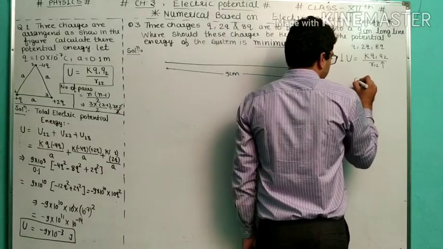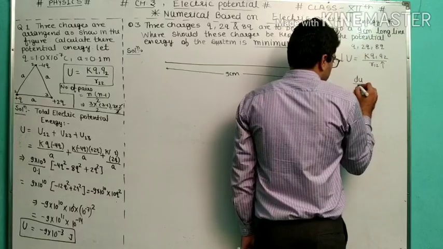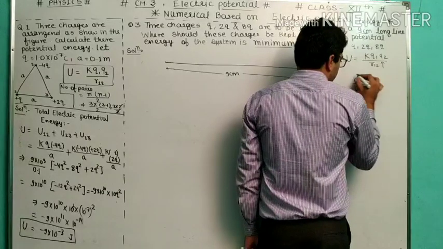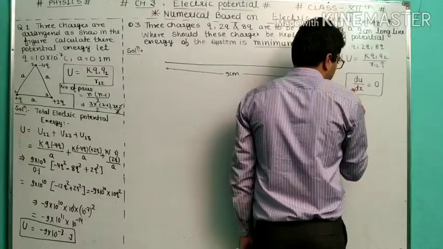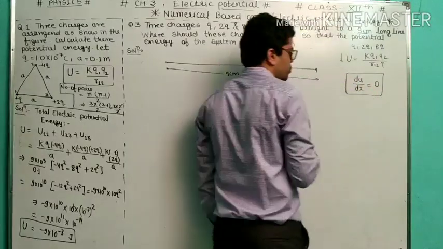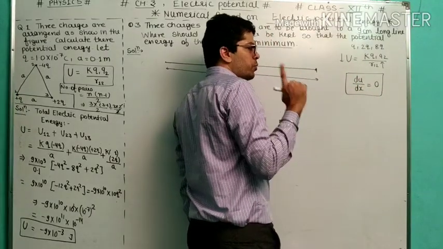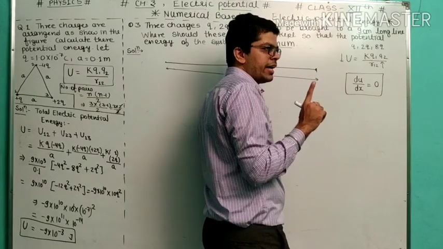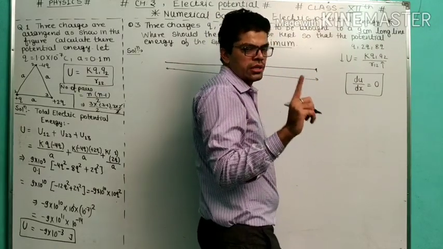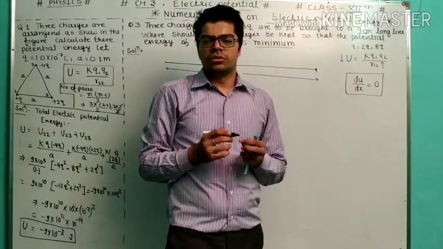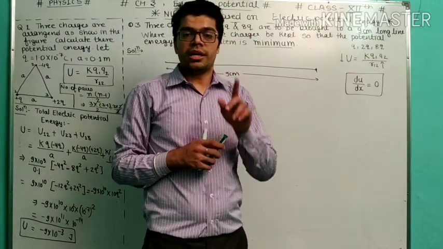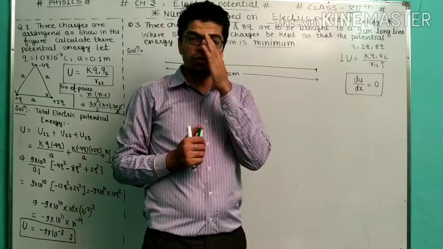When we talk about minimum potential energy, it means the differentiation of electrical potential energy is equal to 0. We have to find du by dx, and it is always equal to 0. Because minimum potential energy is not negative, it is equal to 0. I told you in the derivation also, electric field is going to be 0, but electrical potential energy is not going to be 0.